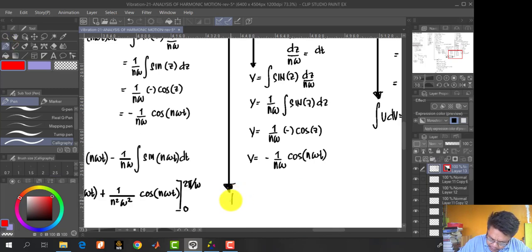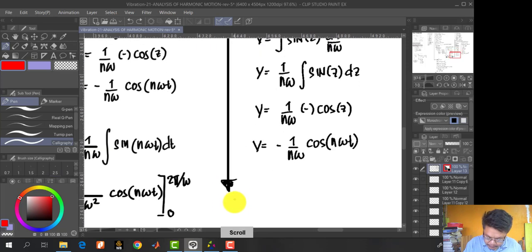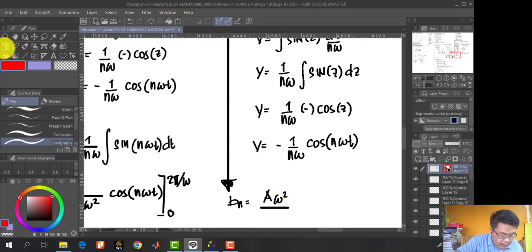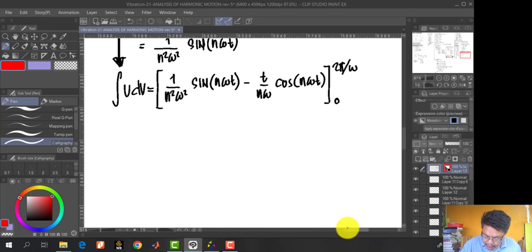So, for my B sub n, that will be my amplitude. This is my angular velocity squared, all over, divided by my 2 pi squared. Okay. Then again, this is that bracket.